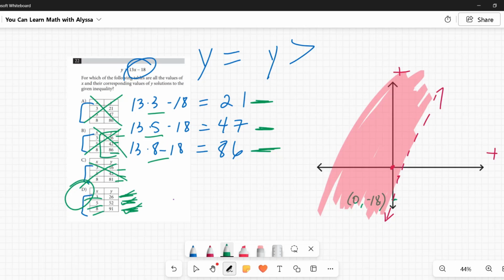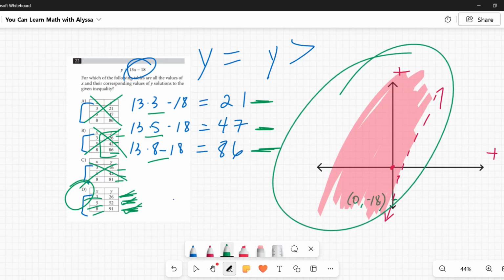If you're really good at finding all of those points over here, then that may be the faster method for you. It really does come down to the things I always tell students: what makes the most sense to you, what you can do correctly, where you can get the right answer, and then what's the fastest.